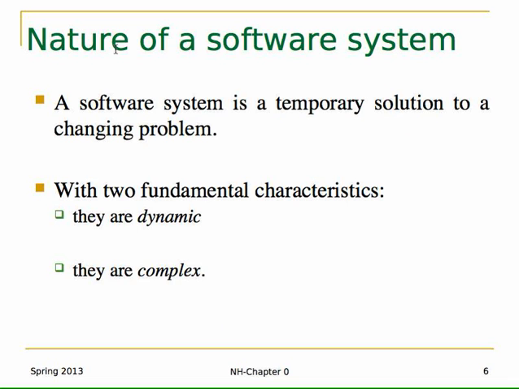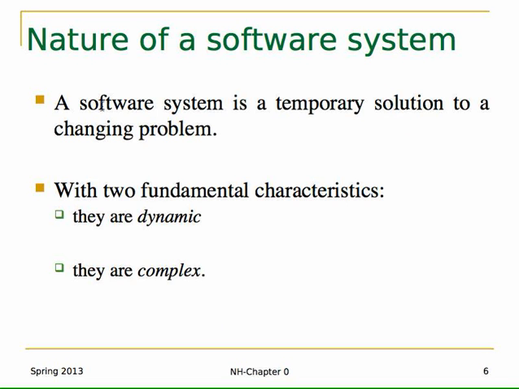Let's take a look at the nature of software systems. So what is software? Software is a temporary solution to a changing problem. Whatever it is, the problem might be accounting, might be managing logistics for a company, or tracking packages, whatever it is.